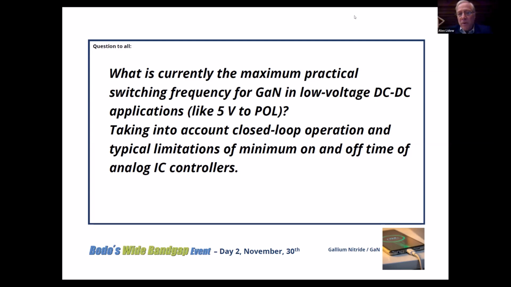So we do have direct experience with some of that, and it's obviously a very qualified set of answers. The highest frequency that we have on a POL, which is not quite 5 volts, a little higher, like 9.6 volts down to sub 1 volt, that's in operation is about 5 megahertz.